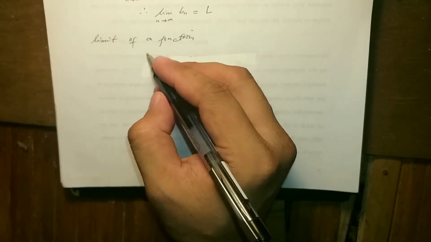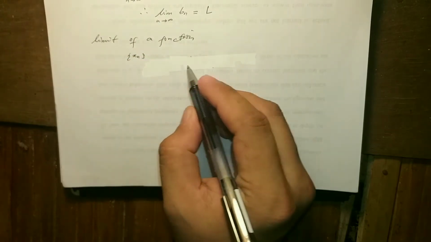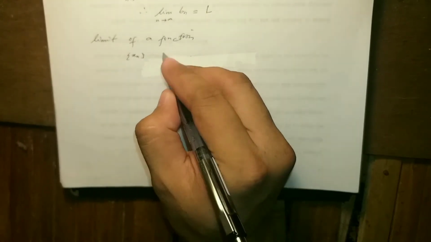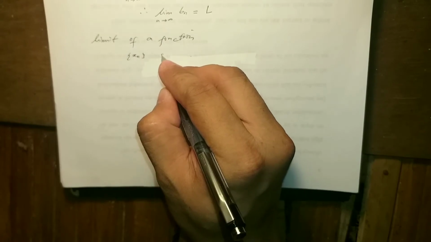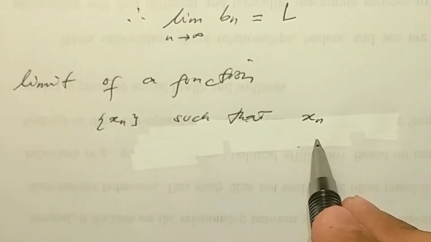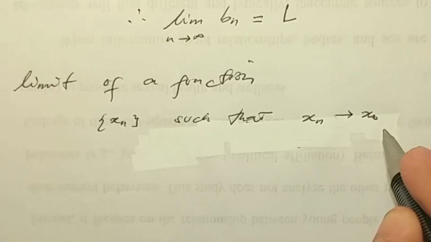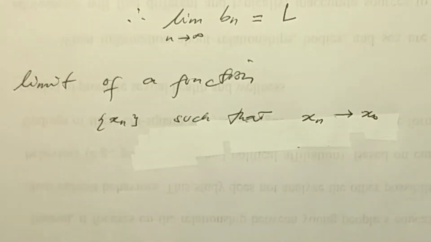Okay, so let's have a limit of a function. Suppose we have a sequence, and in such a way, each term of the sequence approaches a certain value x naught.